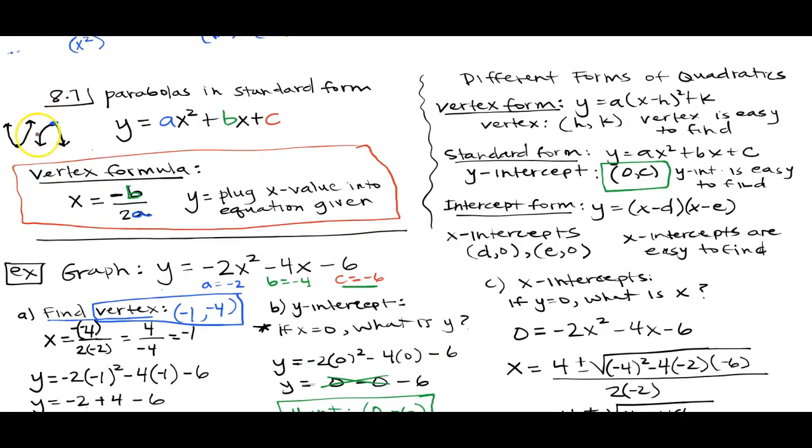I know my pictures aren't perfect, but imagine that they are. If I had a dotted line that went straight up and down through the vertex, and I folded it on that dotted line, then one side of the parabola would match up exactly with the other side of the parabola. And the same thing would happen with an upside down parabola, if it's going through that vertex.